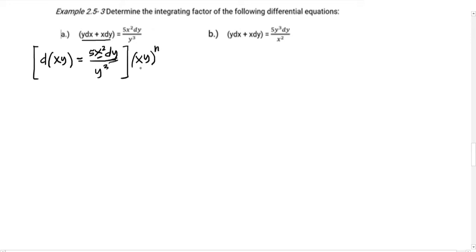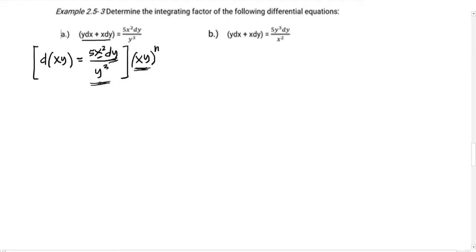Take note, you don't need to multiply the equation by the integrating factor xy raised to n if there is no variable to be eliminated on the right side. Again, when the right side is ready for integration, you don't need to multiply the equation by xy.